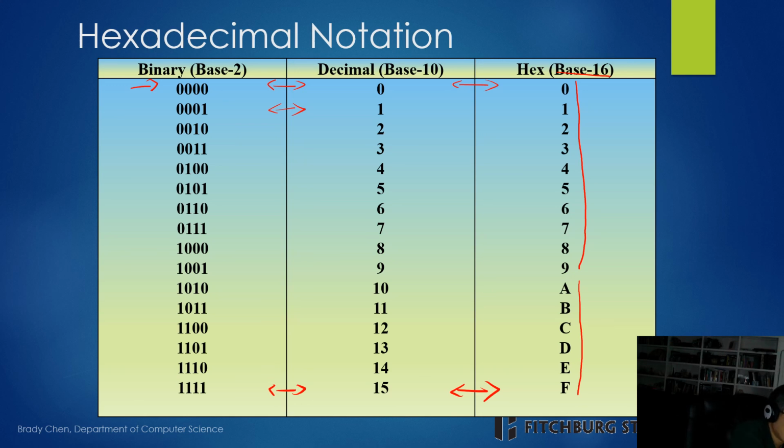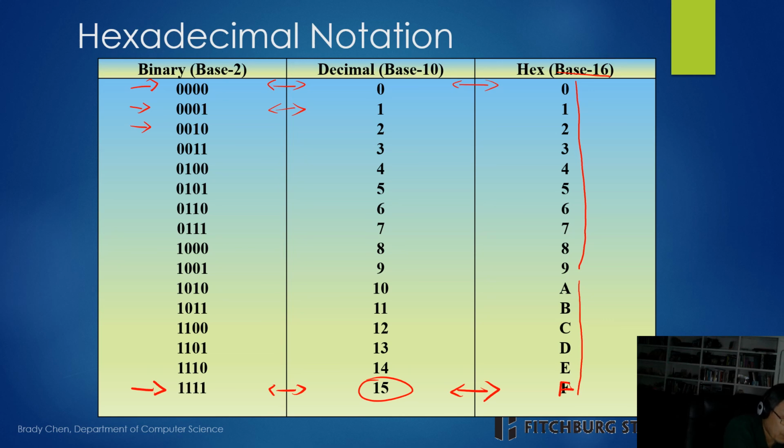So these are the binary representations, and the last number is 15. So 15 is the same as 1111 in binary, or 15 is just F. So you should remember this table.